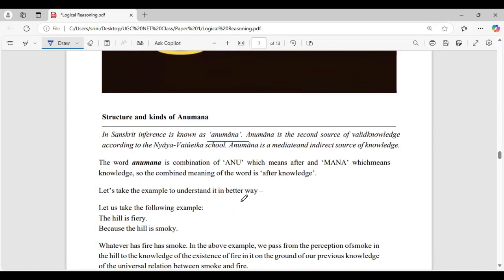Anumana is a mediated, indirect source of knowledge. The word Anumana is a combination of Anu, which means after, and Mana, which means knowledge. So we get the meaning of the word: after knowledge.